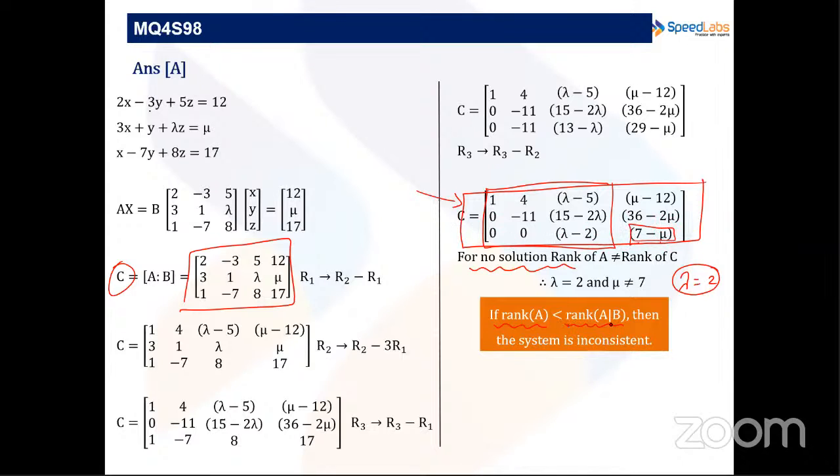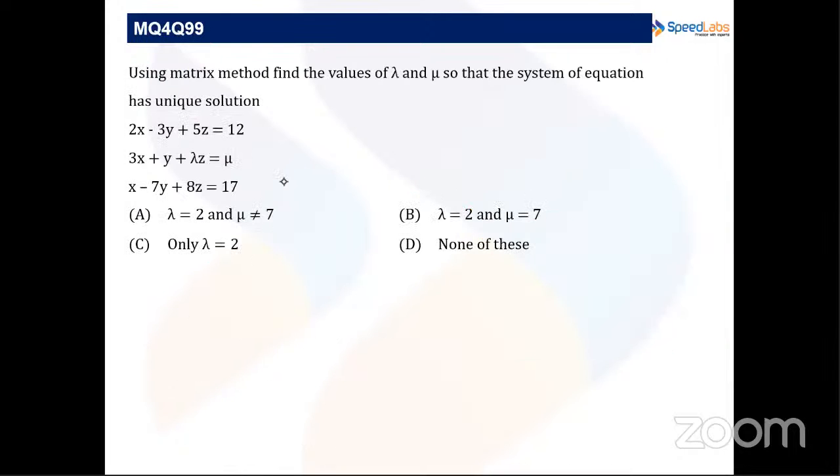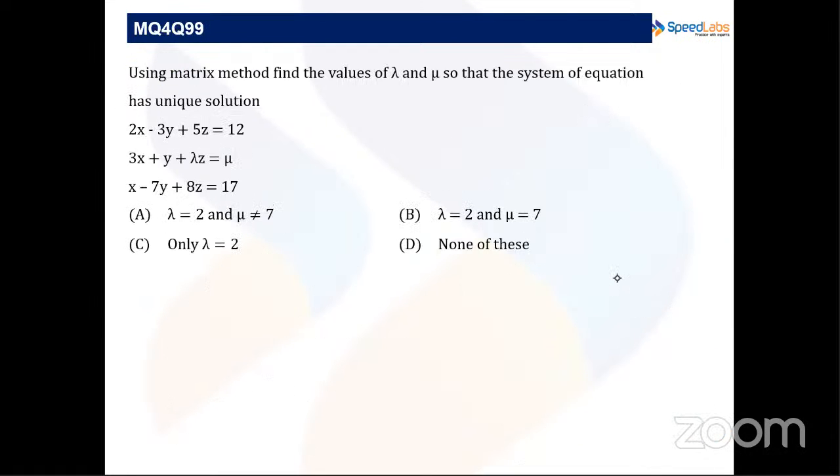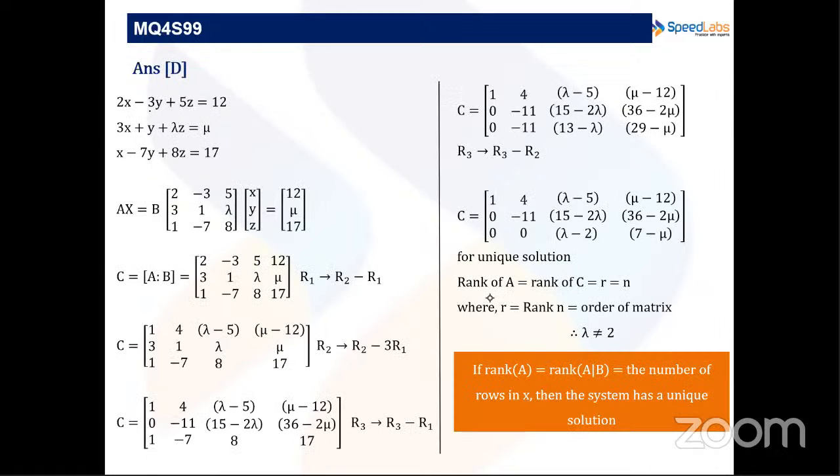But we want the rank of C to be greater than the rank of A. This implies that mu is not equals to 7. Is it clear? Okay, this is the same question.